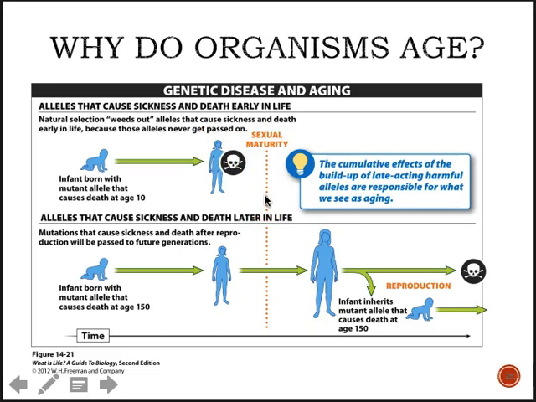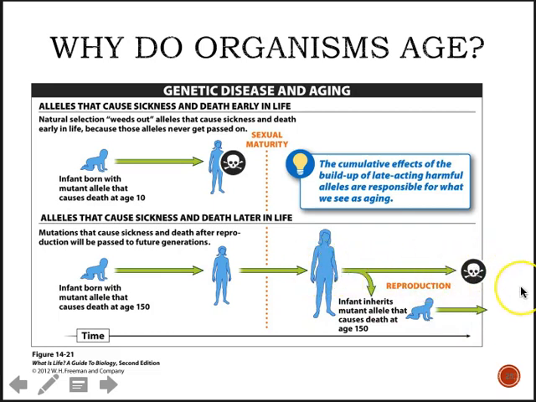However, and here's where things get kind of interesting. If you have an allele that causes sickness and death that you don't get until after you've reproduced, then you're born, you grow up, you've got that allele. It's going to cause you to die eventually and get sick eventually, but you have a baby, and that baby inherits that mutation, and then you die.